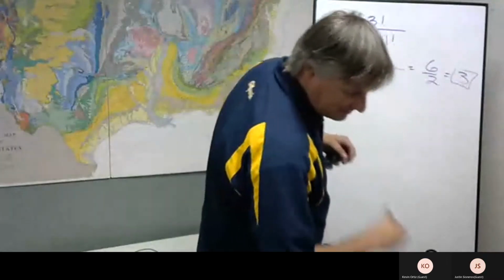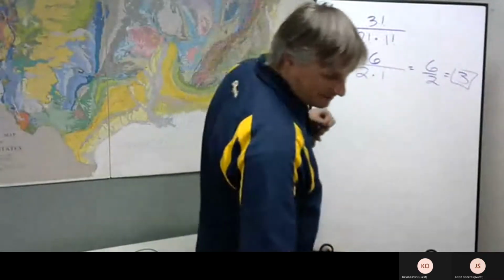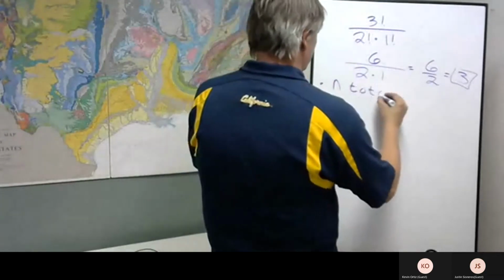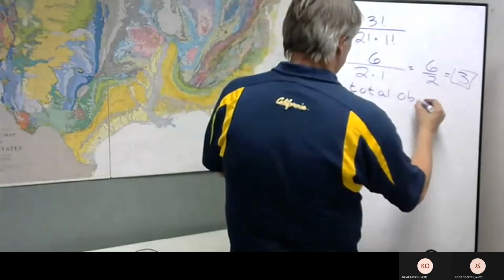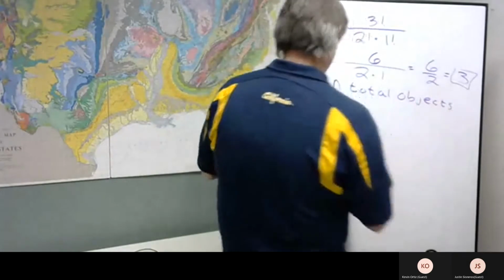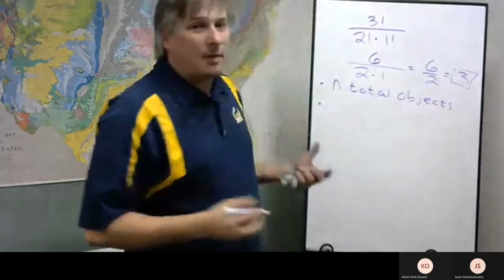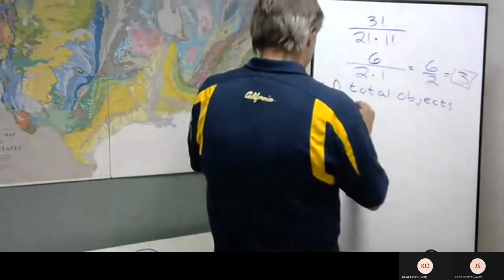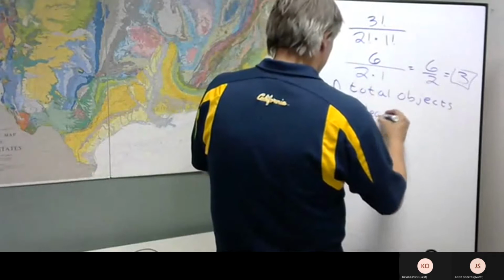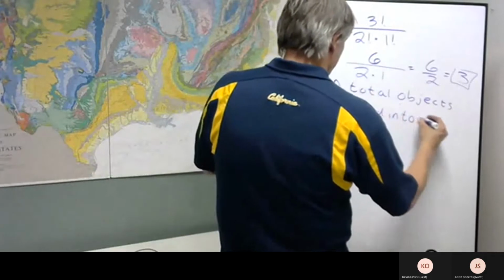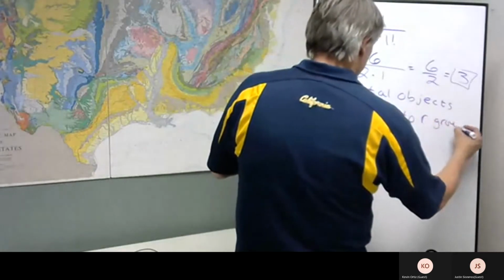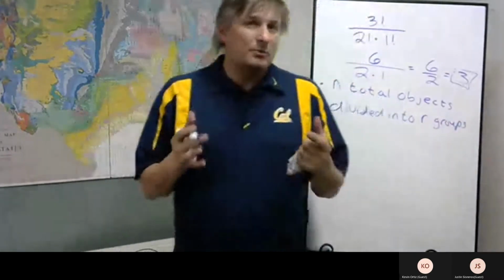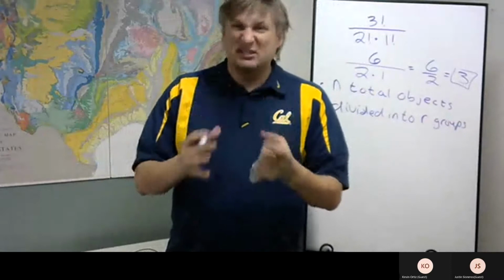So if we have N total objects, of these N objects, they're divided into R groups. And all the objects in a group are indistinguishable.